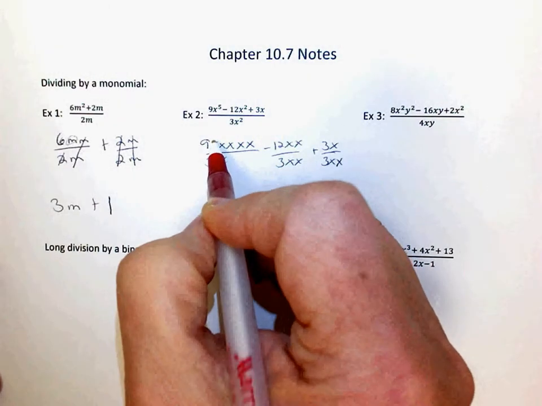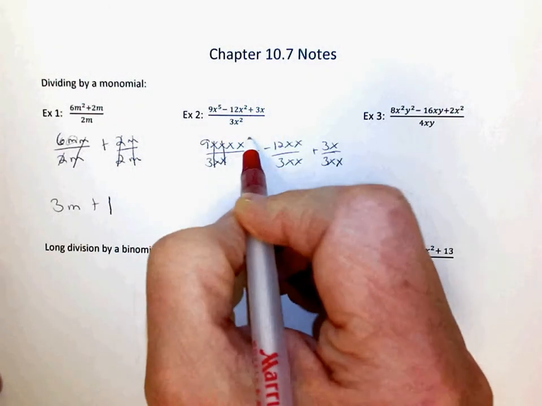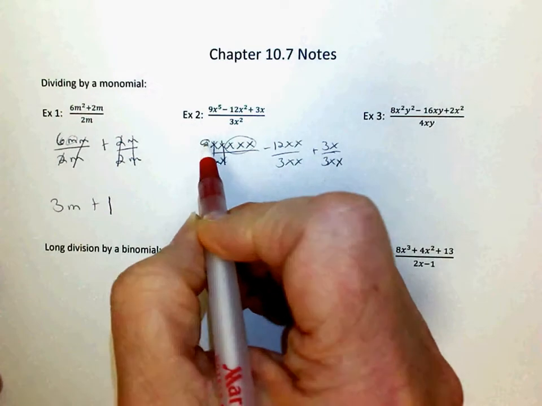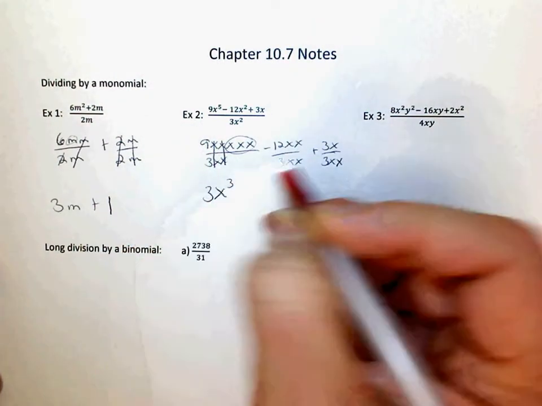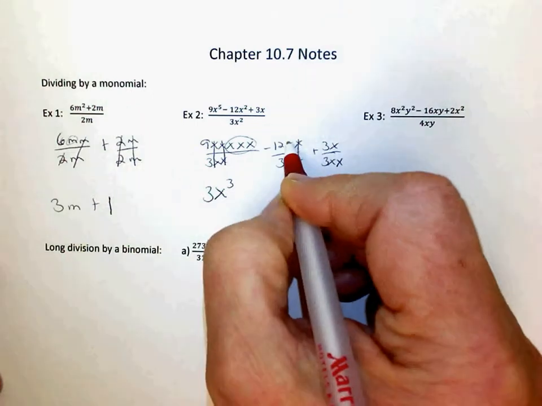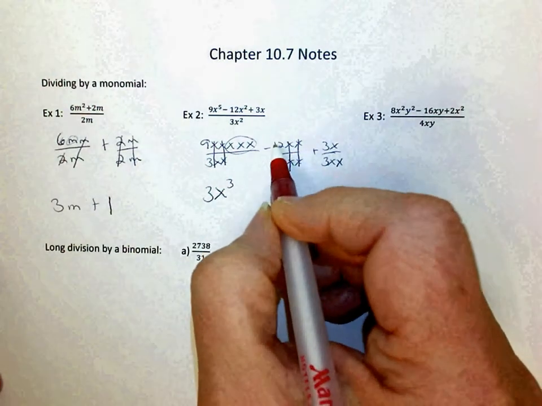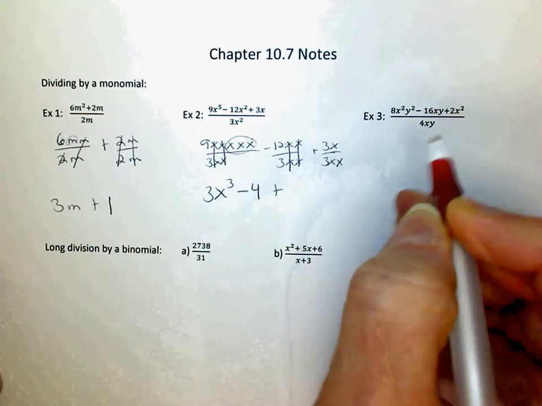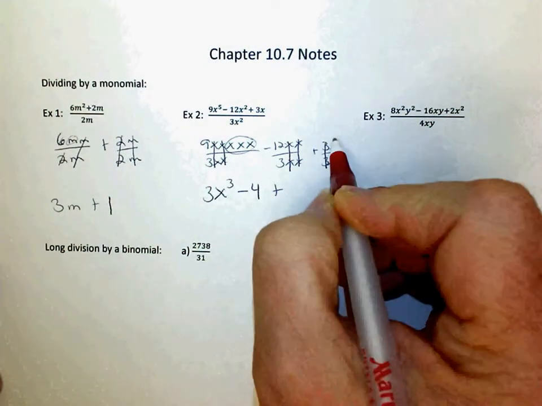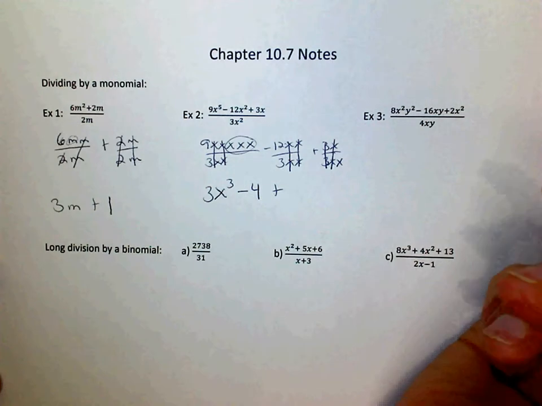Well, first off, chop, chop. That leaves 3 x's up top. 9 divided by 3 is 3, and then x cubed. x divided by x, chop, chop, chop, chop. 12 divided by 3 leaves minus 4, and then plus 3 divided by 3, x divided by x, chop, chop.